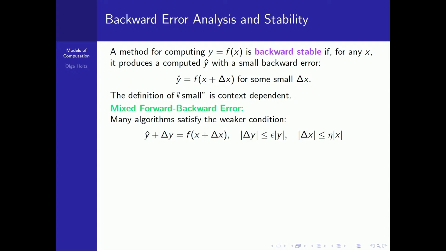Okay, so this is typically what you will see. Again, not every algorithm will satisfy this, but this is a very common notion that you will encounter. Okay, and the interpretation here is y hat is now almost the right answer, for almost the right data.